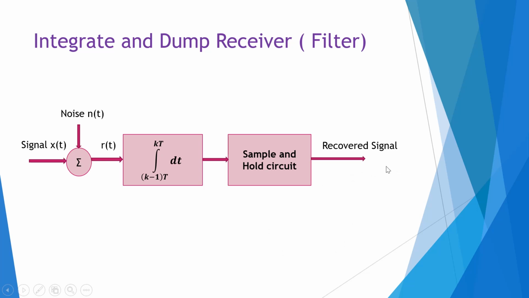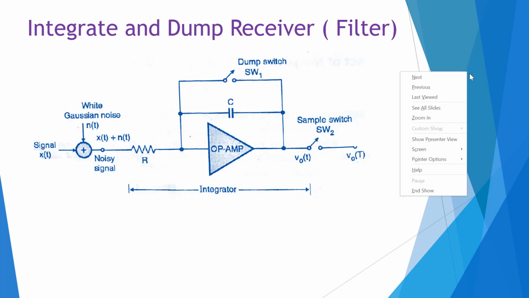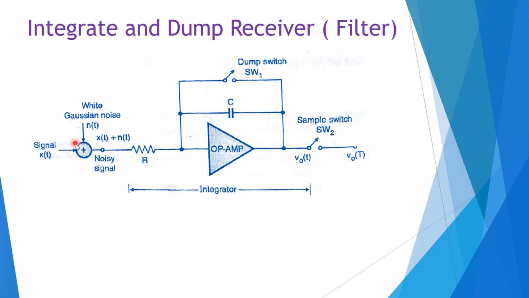A complete circuit diagram for the same is this. Here the input signal is given to a summer circuit, and the noise n of t gets added. So the noisy signal will be applied to the integrator and sample and hold circuit.